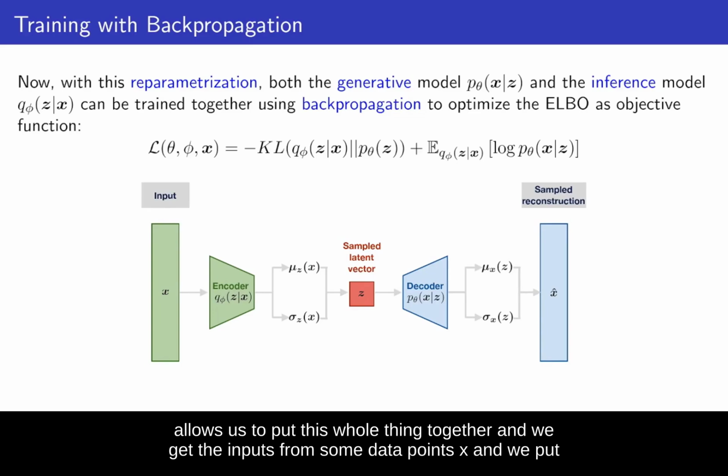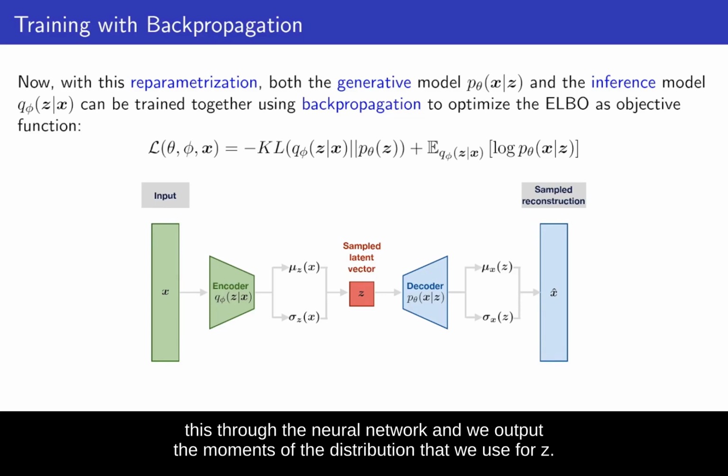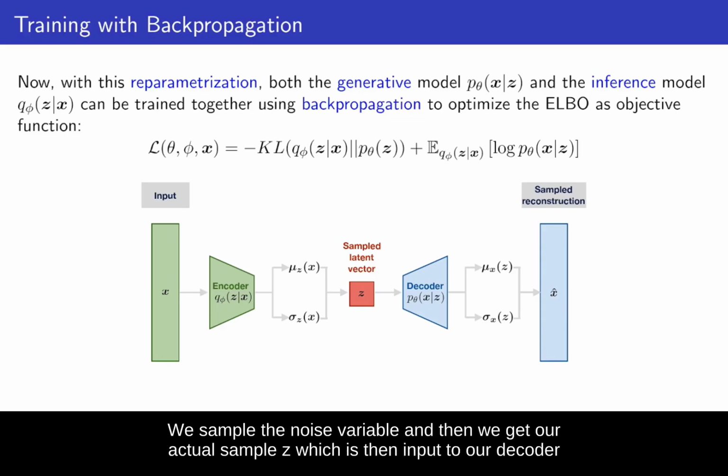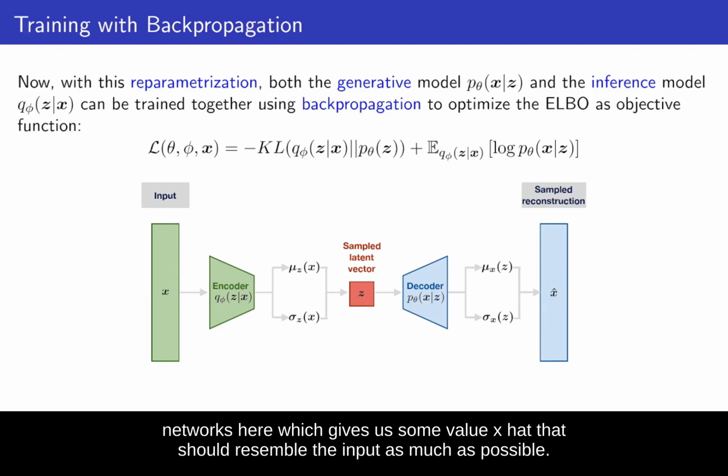We get the inputs from some data points X, put them through the neural network, and output the moments of the distribution that we use for Z. We sample the noise variable, and then we get our actual sample Z, which is then input to our decoder network, which gives us some value X hat that should resemble the input as much as possible.